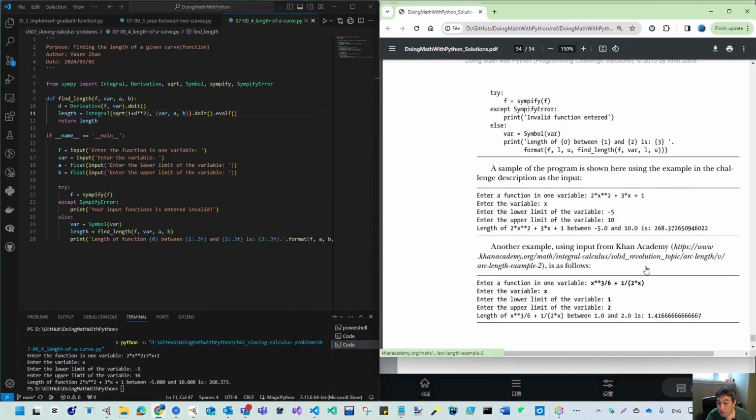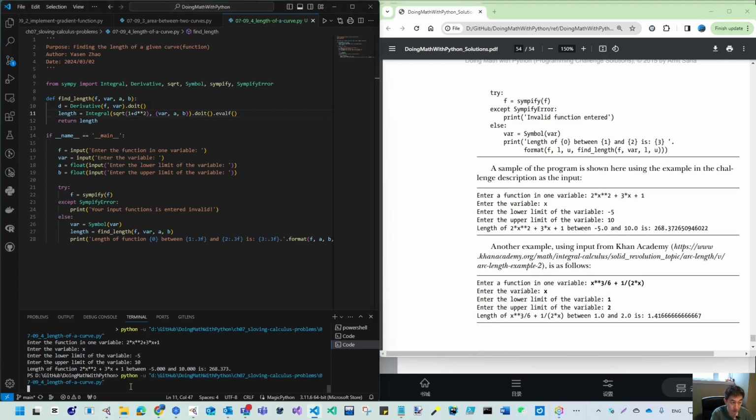And we will make another function test as mentioned here. So use this Khan Academy one. It's x to the power of 3 divided by 6. So it's not x squared; you first have this power operation, divided by 6.